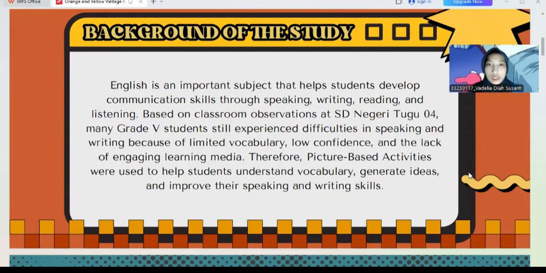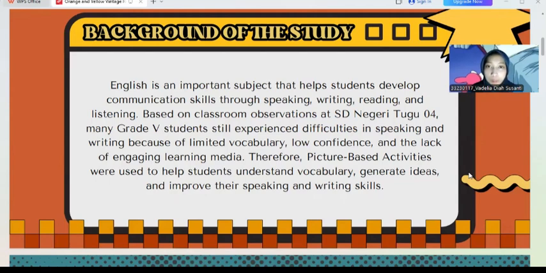Most students had limited vocabulary and low confidence when speaking English and found it difficult to express their ideas in simple sentences. In addition, the learning media used in the classroom was not interesting enough to motivate students.